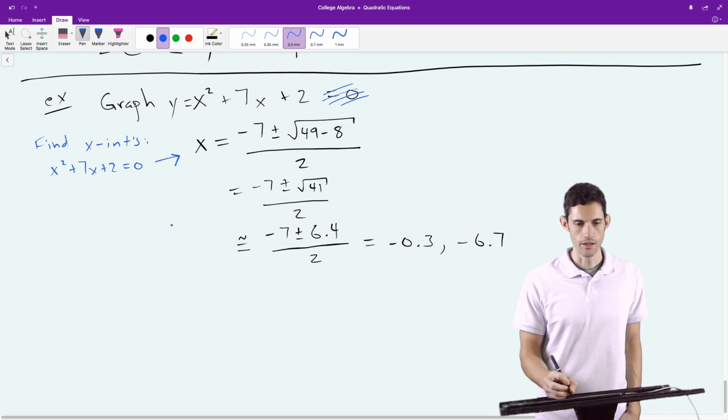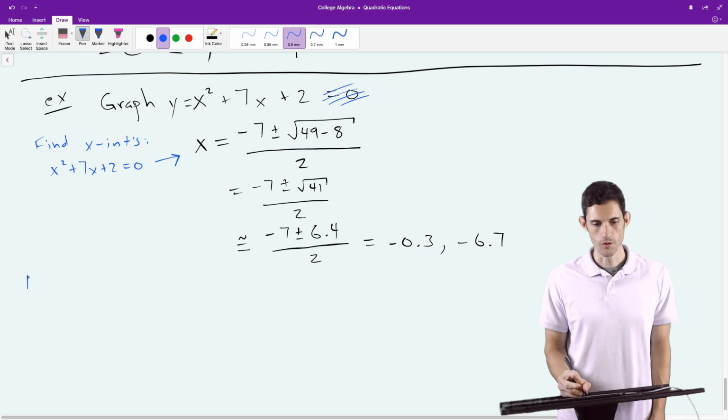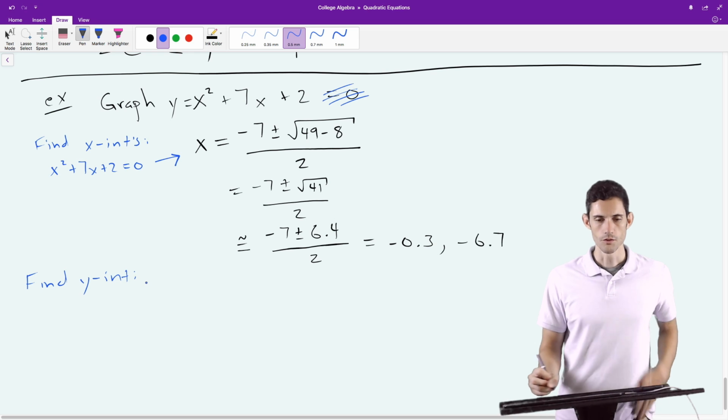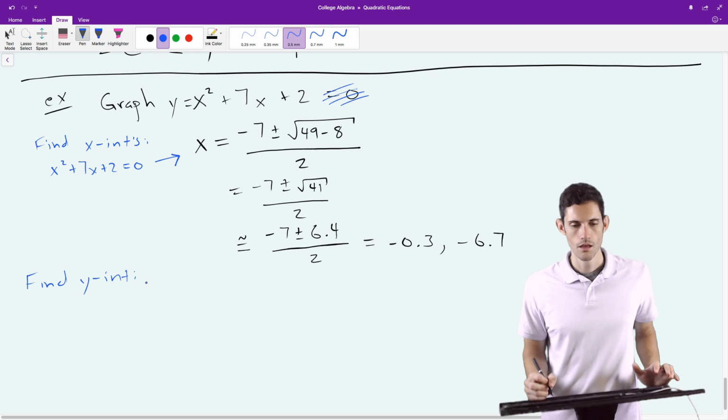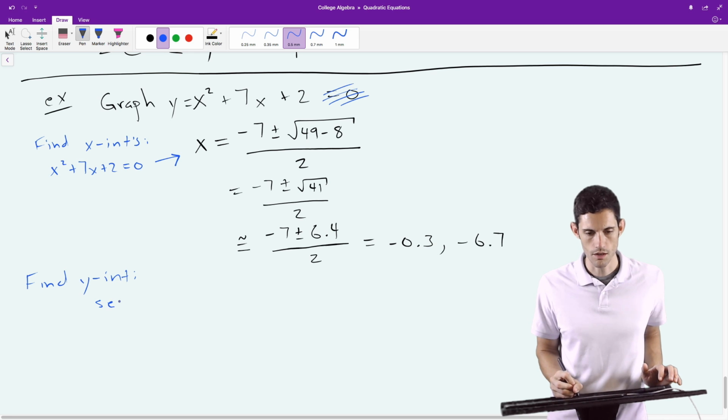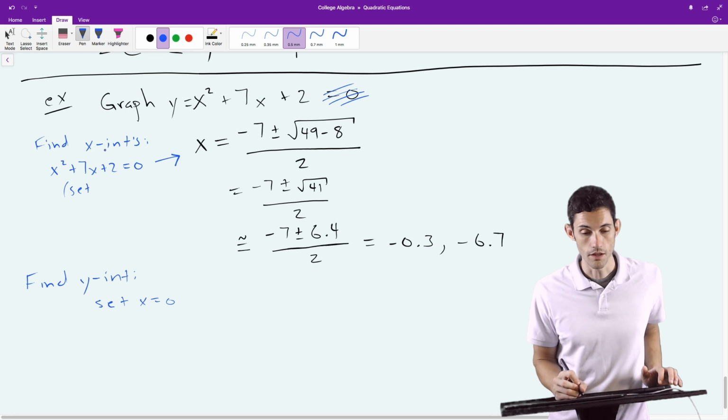So I would want to find the x-intercepts. I would want to find the y-intercept, which is really easy. So what's my y-intercept? Well, the y-intercept is where x is equal to 0. To find the x-intercept, I set y equal to 0.